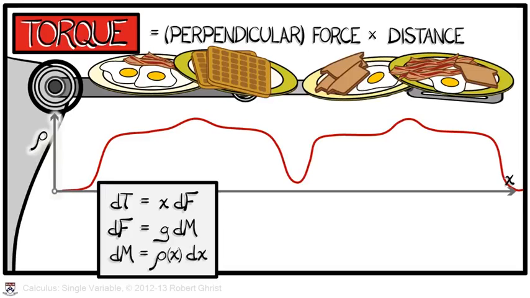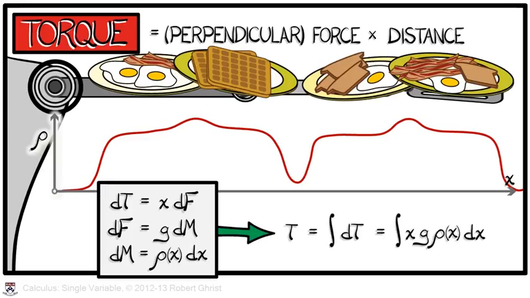And dm is computed as we have done before in the case of the pen, as the linear density, rho of x, times dx. Putting all of these together, we can obtain an integral for the torque as x times g times rho of x dx integrated over the arm.